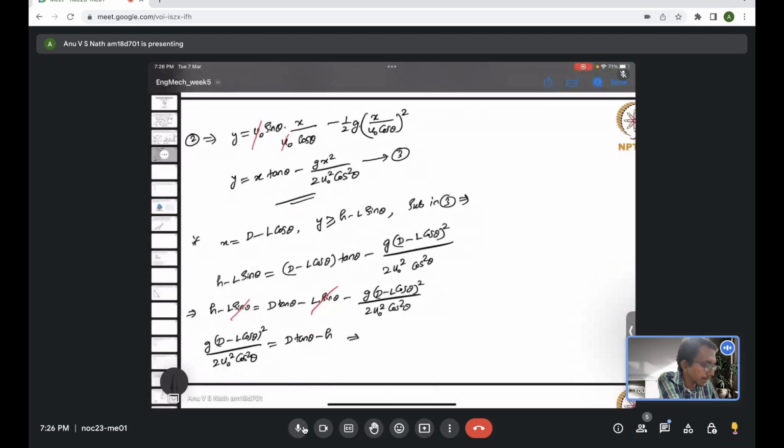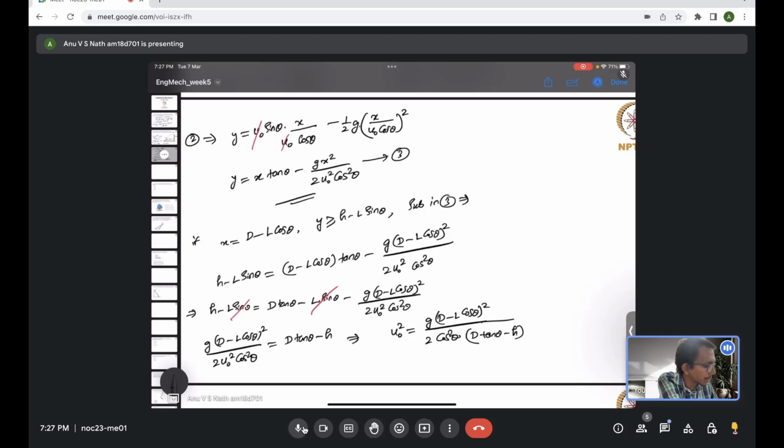So from here we can say u0 square is equal to g into d minus L cos theta the whole square by 2 cos square theta times d tan theta minus h.